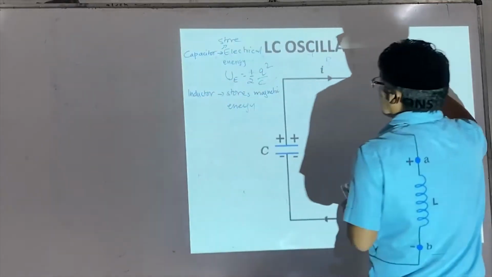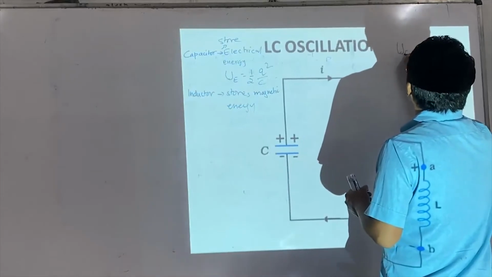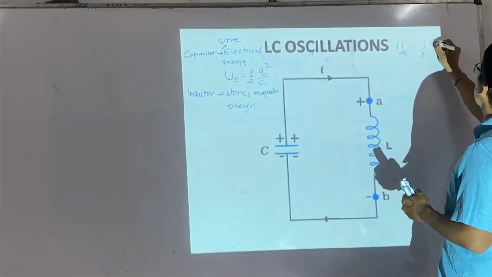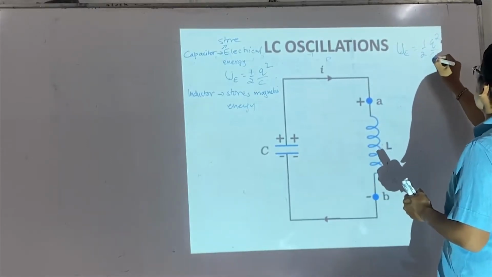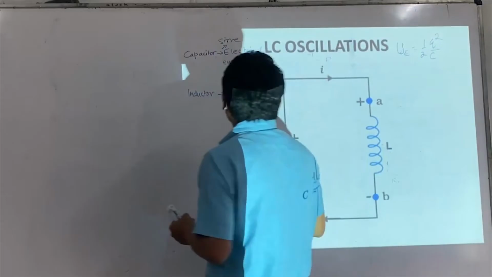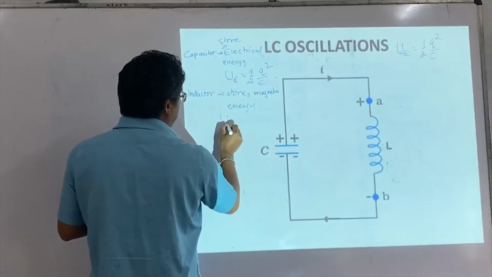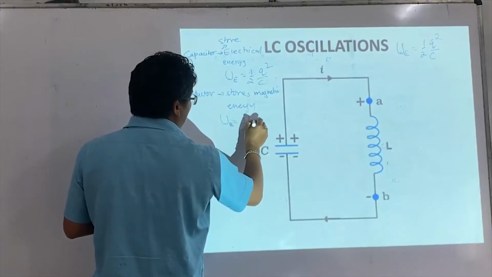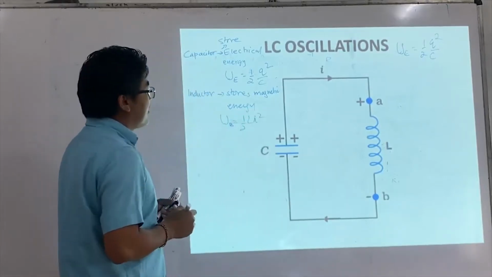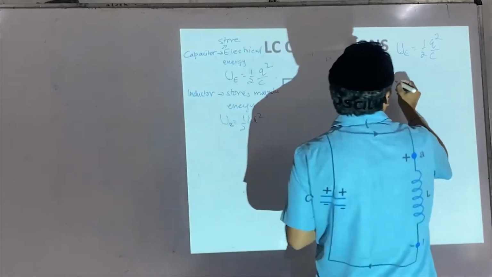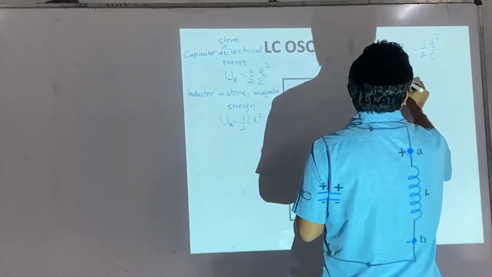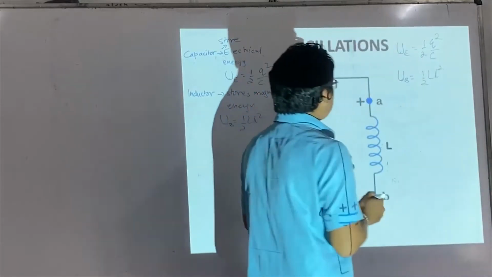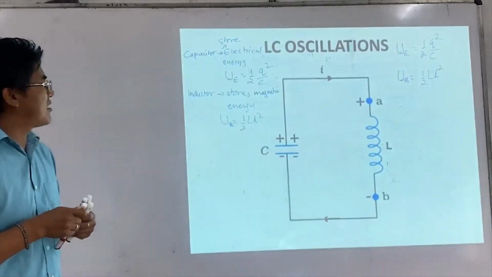I would like to write here: this is electrical energy, Q square by C, where Q is the charge on the capacitor, and the inductor stores the magnetic energy, which is equal to half L i square. I is the current in the inductor, right? This is a very important concept.